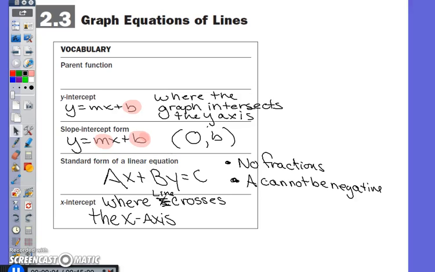We have one last thing to talk about on 3.2 for vocab, and that is the parent function. It's the most basic function in a family of functions.